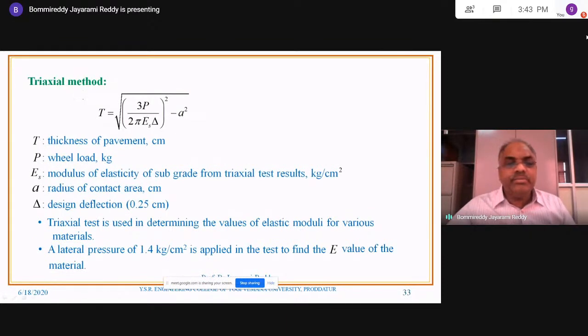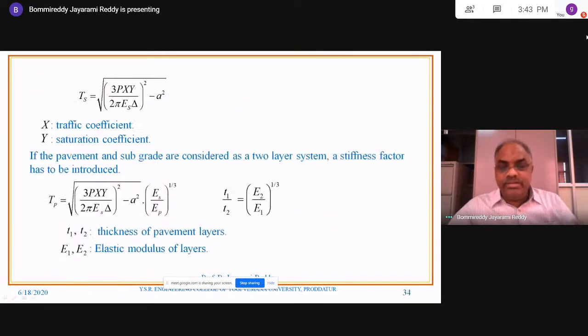And another method is the triaxial method. Don't remember this formula. The only thing to remember is that the triaxial method is used for design of flexible pavement. That line is more than enough in this case. Don't remember this equation also, and all these equations are not required.